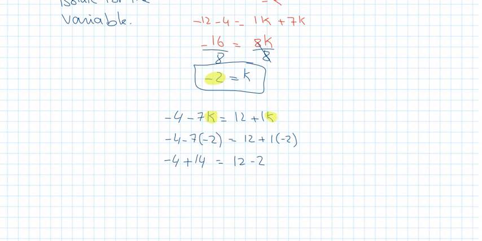What's negative 4 plus 14? 10. What's 12 minus 2? 10. You see how my left side is equal to my right side? That means I have a balance, right? That means my solution is correct. So left side is equal to the right side. So that means I have the right answer.